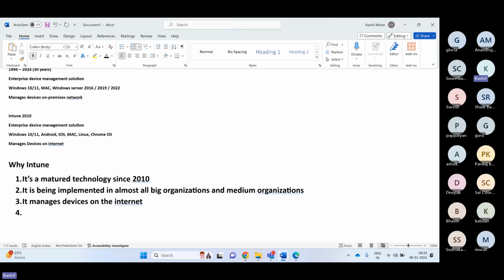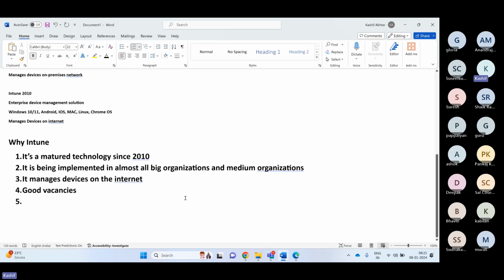Point number 4, good vacancies. Okay. Most of the organizations are implementing Intune. So that's the reason you have good vacancies for Intune administrators. Good salary. You have good salary. Okay.